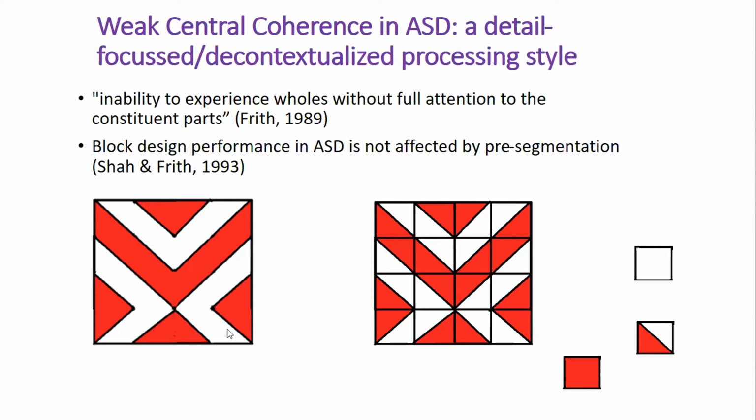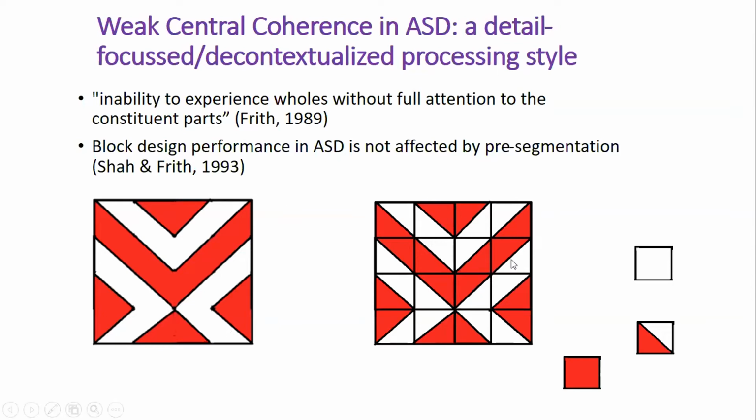And what the study found was that typically developing people, if they have to do this task, they are much faster if the design is pre-segmented. So it really helps them to see where are the little parts, where should the little blocks go in the pattern.